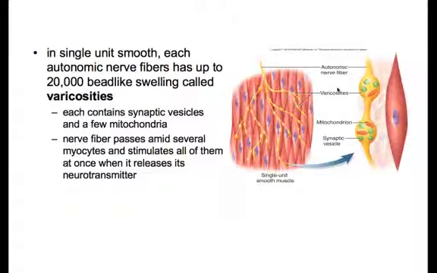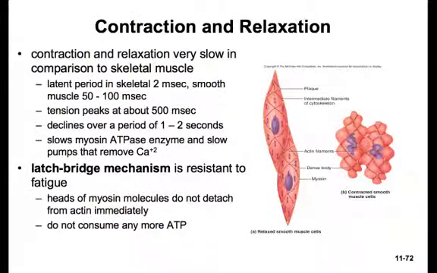These varicosities contain synaptic vesicles and a few mitochondria. The nerve fiber passes amid several different myocytes and is able to stimulate all of them when it releases the neurotransmitter from the varicosity.